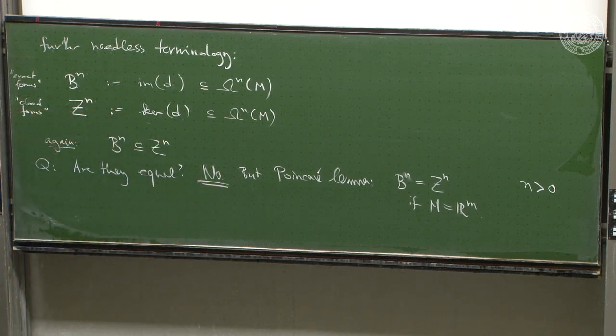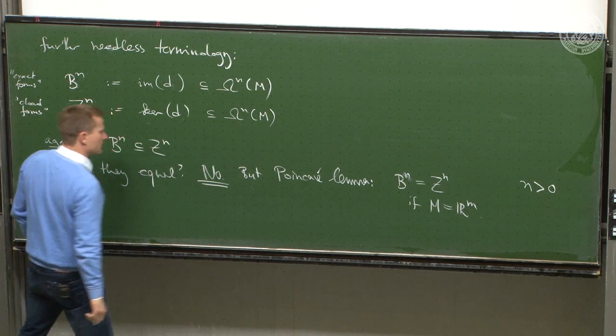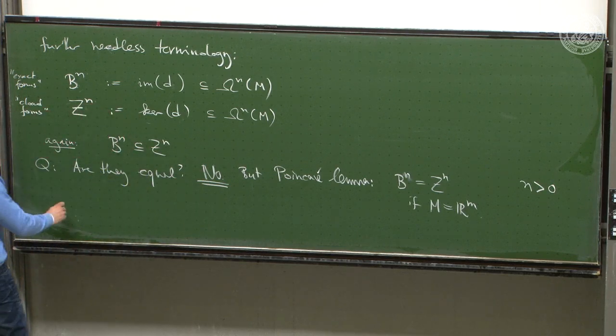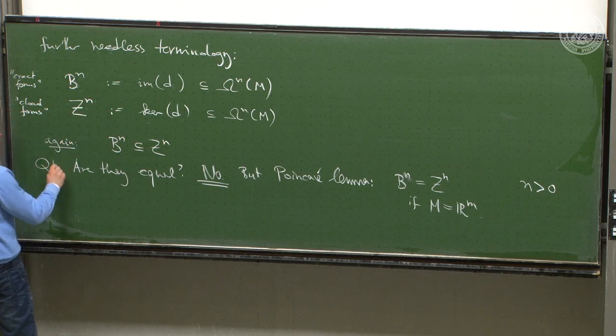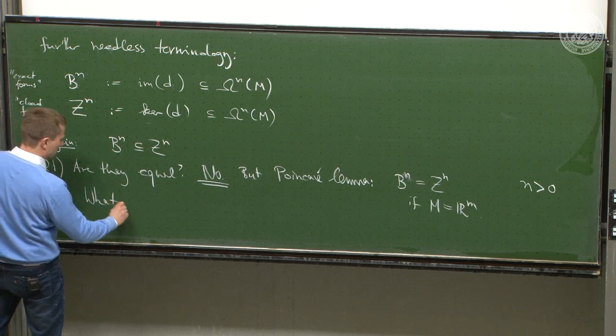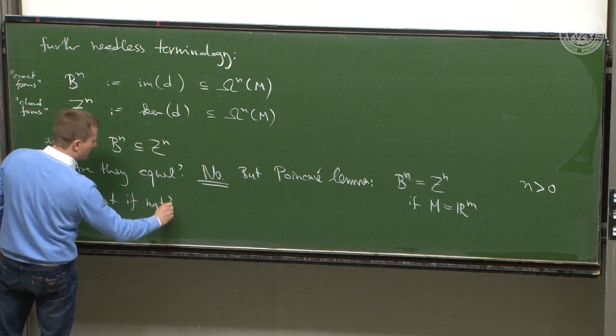But that's of course just a very special case. And what if not? That's the next question. So question 1, are they equal? Question 2, what if not? Well, what if not?